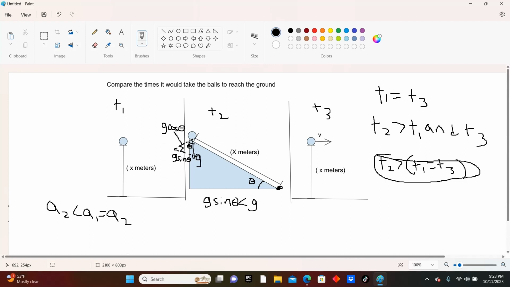So on an inclined plane, you're going to have your acceleration component, which is g, and you can break it into its vectors. One of them goes along the slope of the inclined plane, and one of them goes perpendicular to the slope. So yeah, that's just something else to know about inclined planes.